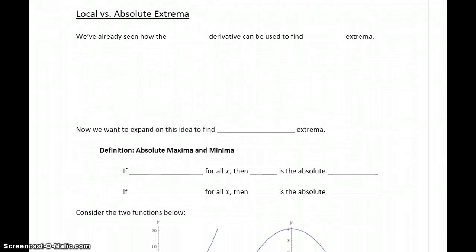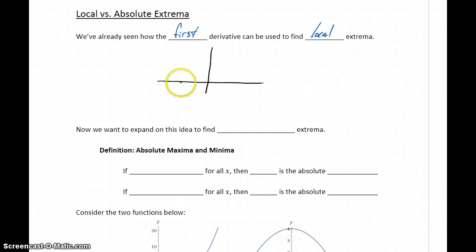So first let's talk a little bit about the idea of a local versus an absolute extremum. We've already seen how we can use the first derivative to find local extrema. So what we'd be looking for is to construct a sign chart for the first derivative.